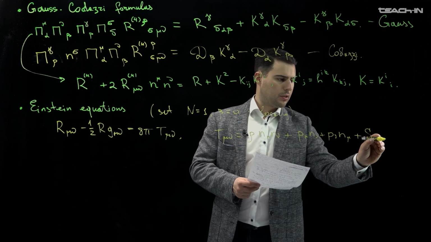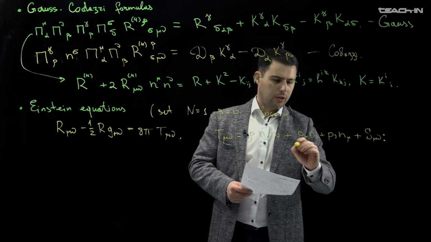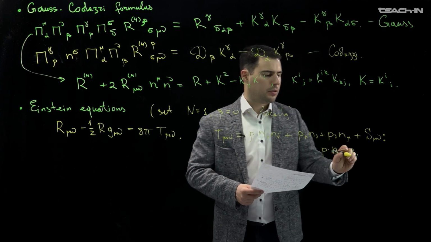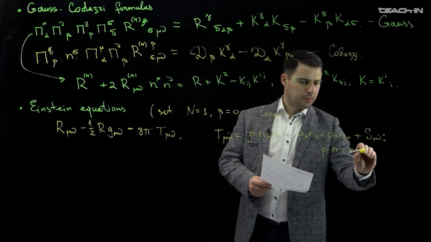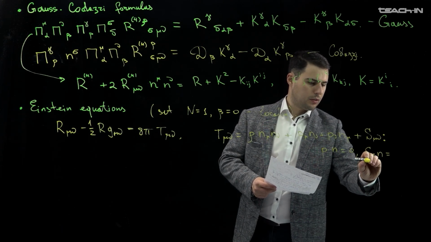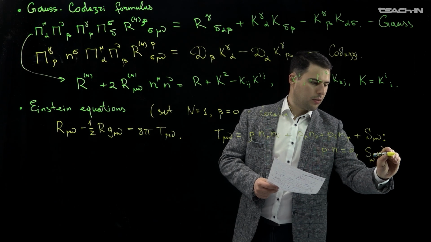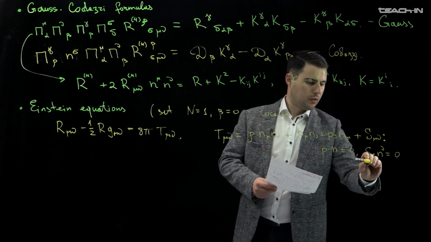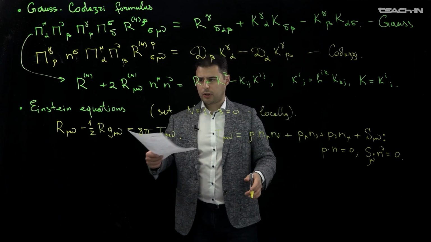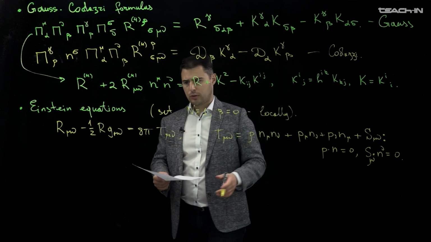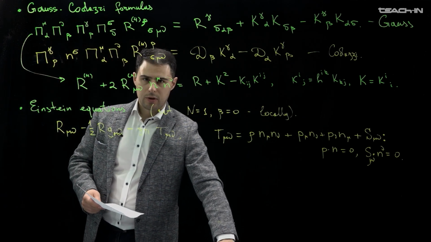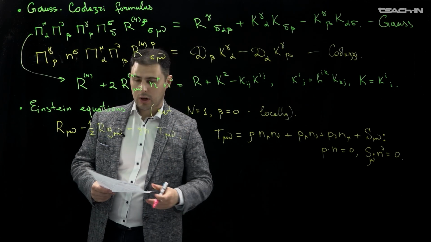Such that p times n equals 0 and s times n equals 0 allows us to write the following decomposition of the 3+1 equations. We're given two dynamical equations.